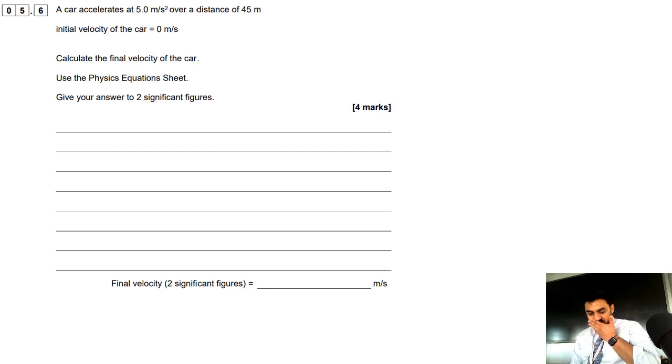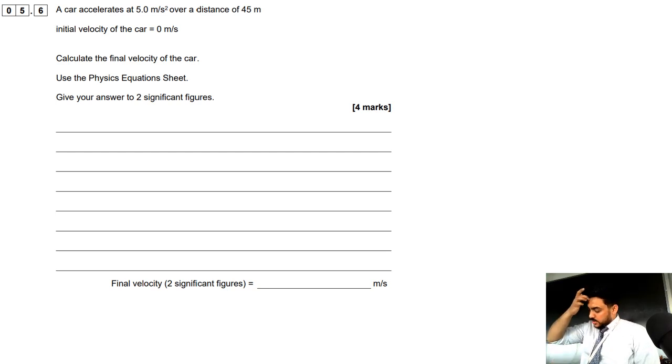The question is, the car accelerates at 5 meters per second squared over a distance of 45 meters. The initial velocity of the car is 0 meters per second. Calculate the final velocity of the car, use the equation sheet, and give your answer to two significant figures.